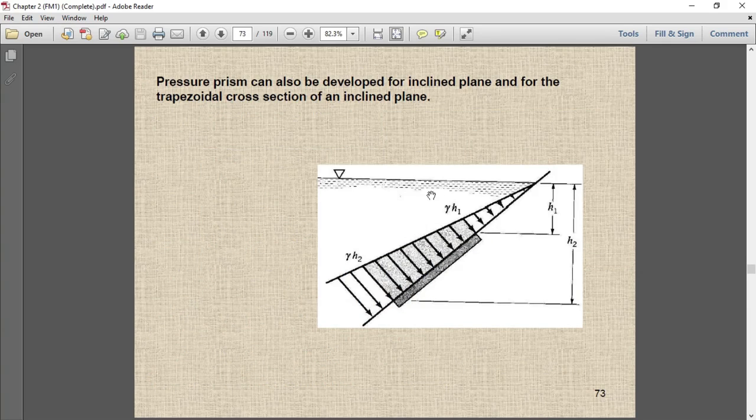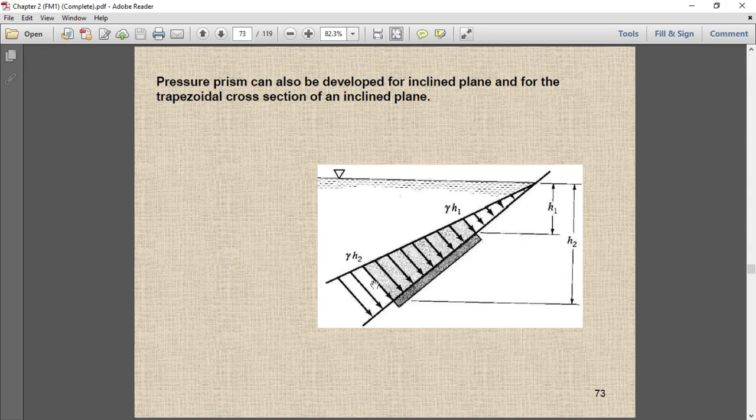Here the pressure prism can also be utilized if the flat surface is angular. We know that the pressure is always perpendicular to the surface. So this is how you can calculate F1 and F2.